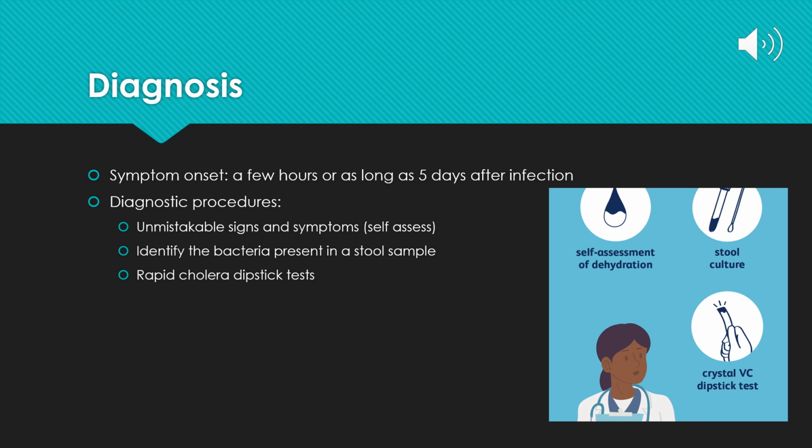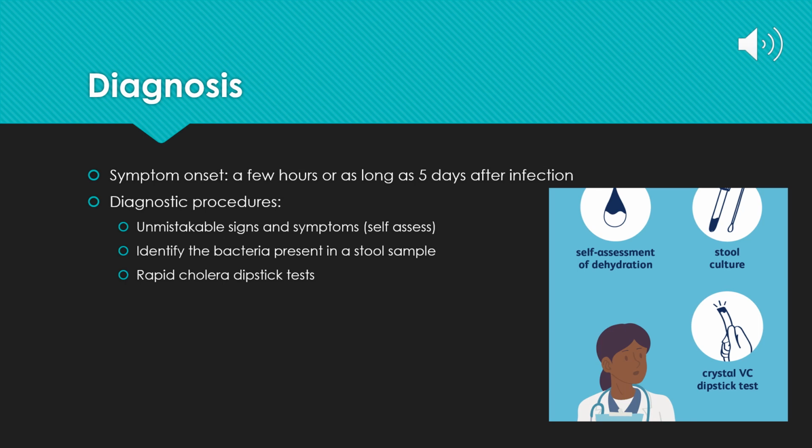Onset of cholera symptoms can be as soon as a few hours or as long as 5 days following the infection. There are 3 main diagnostic procedures that can be done to diagnose cholera. The first is a self-assessment to just recognize the telltale signs of cholera, like rice water stools and dehydration.